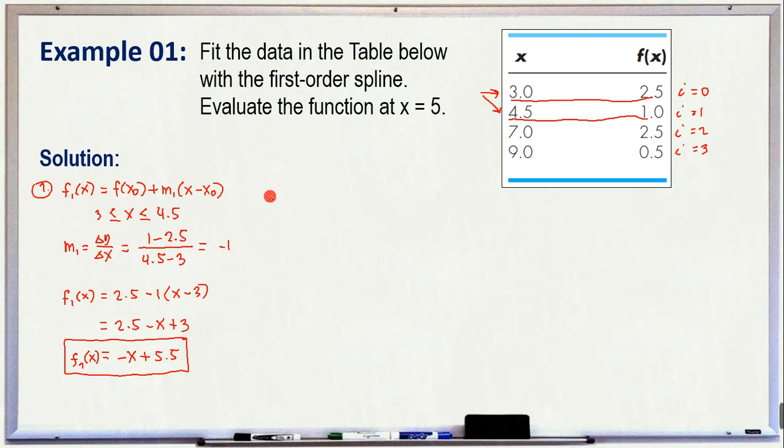How about for the second interval or for the second line? So f of 2 nasad ta. F of 2x is equal to f of, this time di na x naught kay ang data point that is towards the left of our second line is x1 naman.